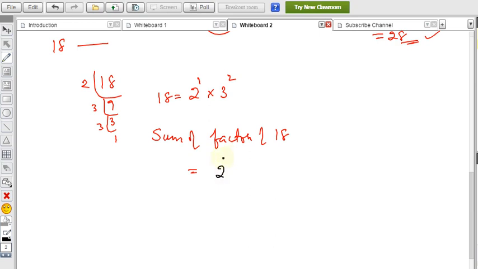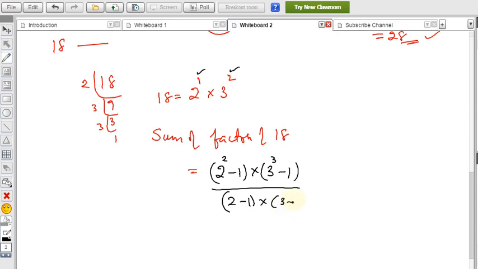2 to the power 2 minus 1 into 3 to the power 3 minus 1, because this 1 and 2 have an extra plus 1, divided by 2 minus 1 into 3 minus 1.